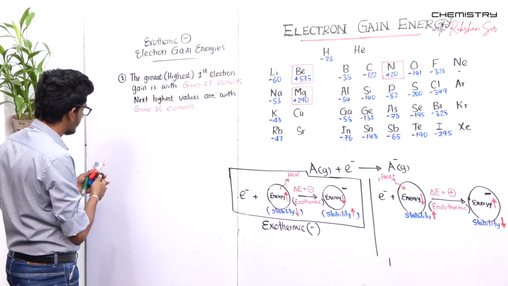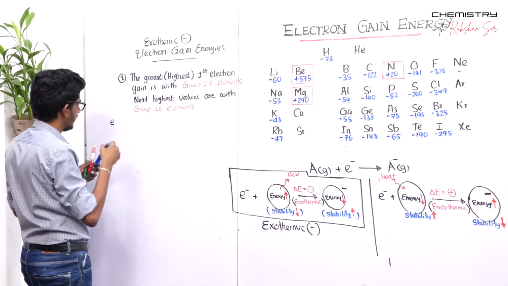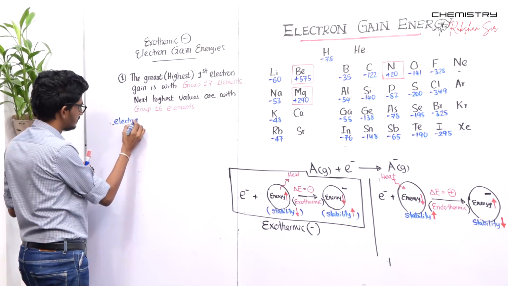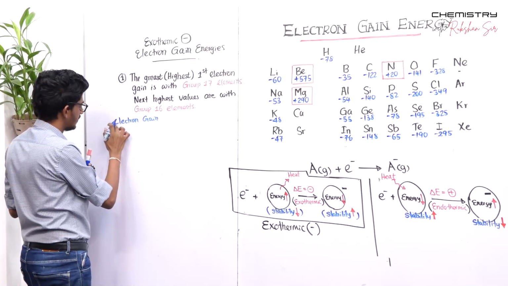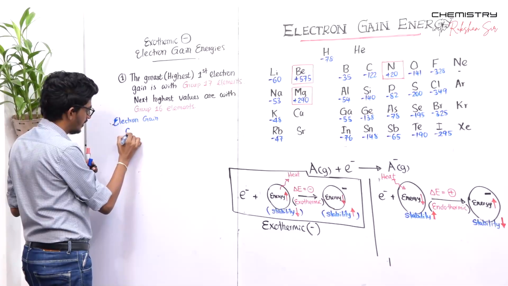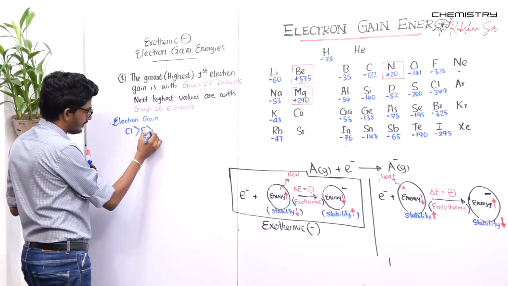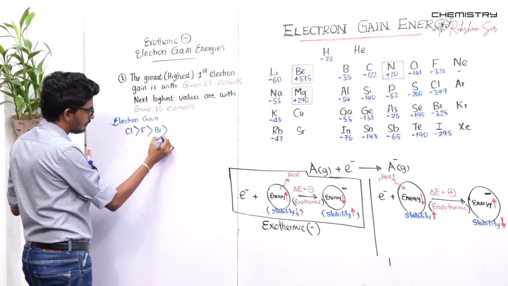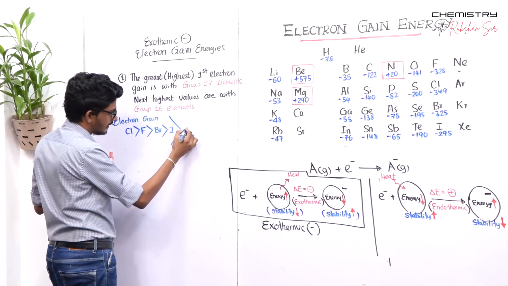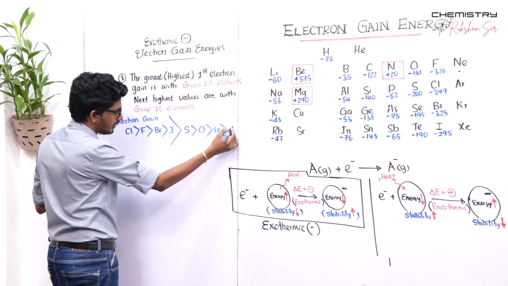When it comes to electron gain, the highest value is for chlorine, then fluorine, then bromine, then iodine. Then comes the group 16s: sulfur, oxygen, selenium, tellurium.